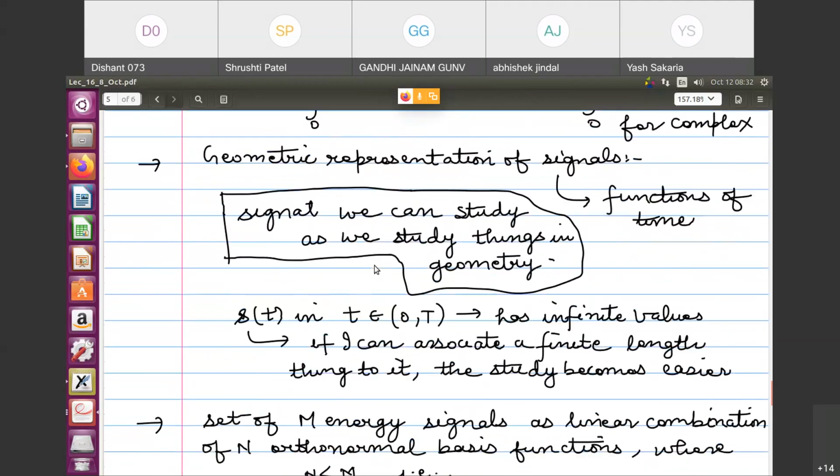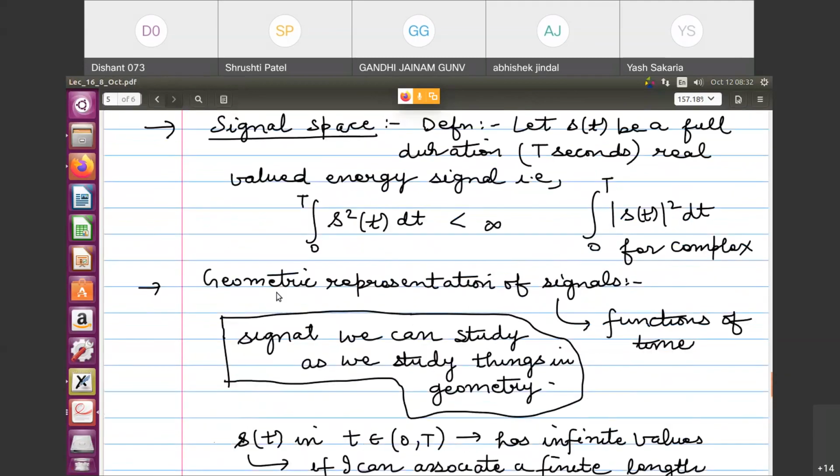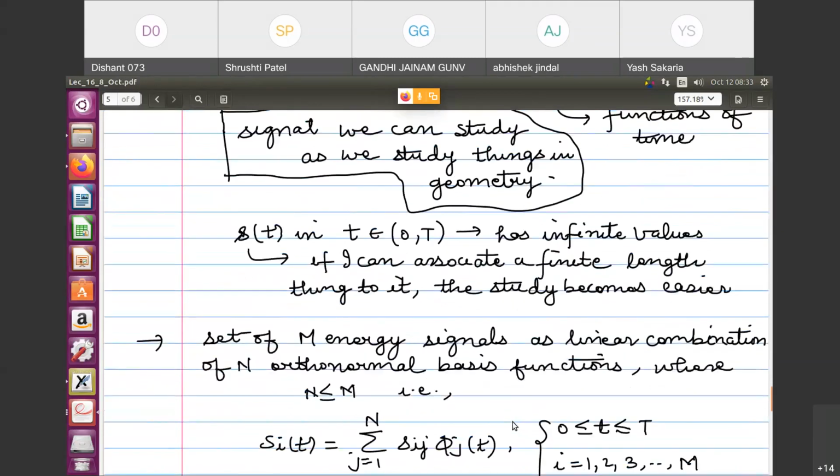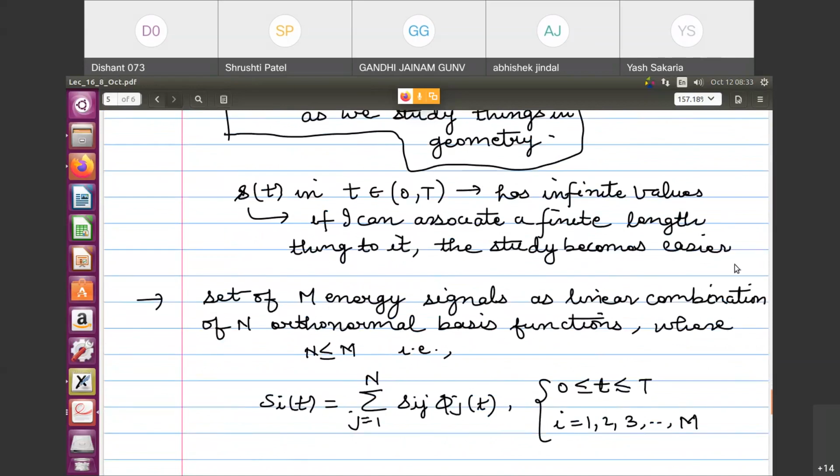Now in the signal space, we would be dealing with the geometric representation of signals. It means, let us say we want an analogy between signals and geometry. If in geometry we have the concept of vectors, can we associate vectors to signals as well? That is our purpose. The motivation is that s(t), for t belonging to 0 to T, has infinite values. If I can associate a finite length thing to it, the study becomes easier.